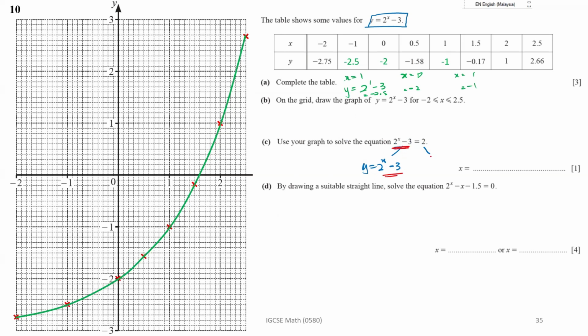The other one will be y equal to 2. You need to draw the line y equal to 2 and then find the intersection point. So you get 2.3. So your answer should be between 2.3 to 2.4. Make sure it is within the range.